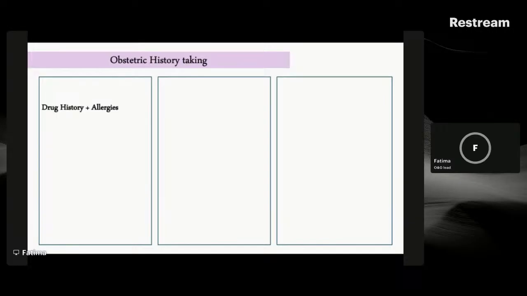Then in terms of drug history and allergies, you're looking for any regular medications that they're on because you'd probably want to continue them and double check that they're not teratogenic. Are they taking folic acid at the moment? Because if not, they should be taking folic acid and aspirin. Double check if they are on aspirin, because if they are, why are they on aspirin and when was it started? Was it during pregnancy or prior to that?